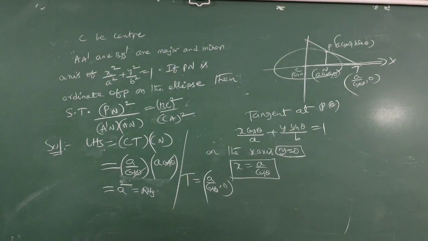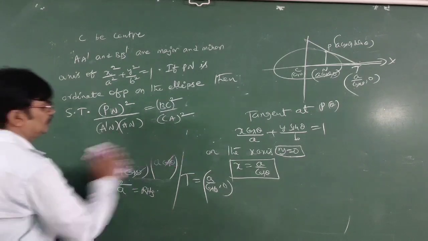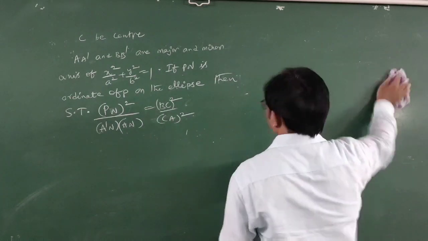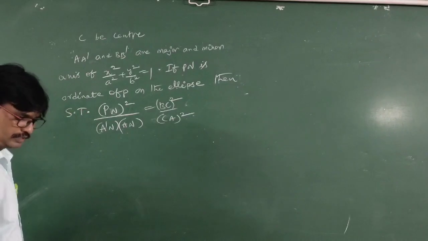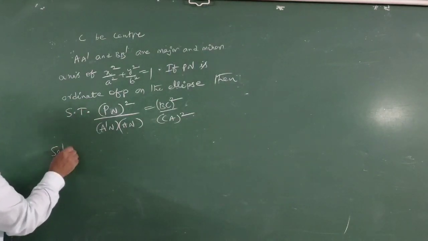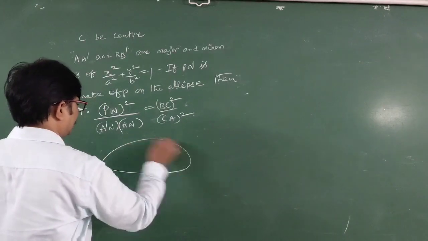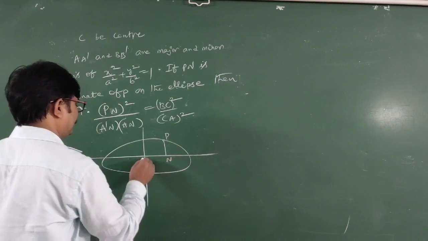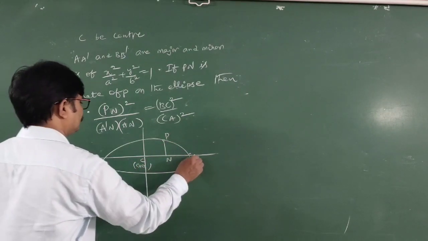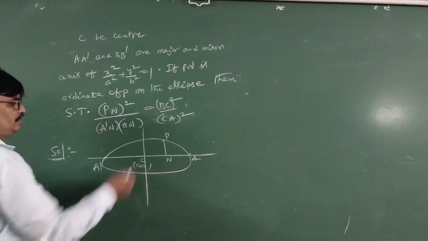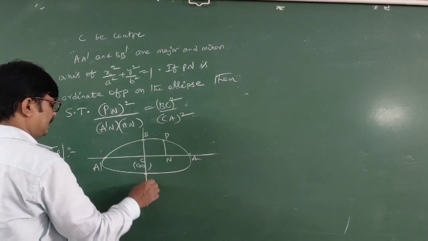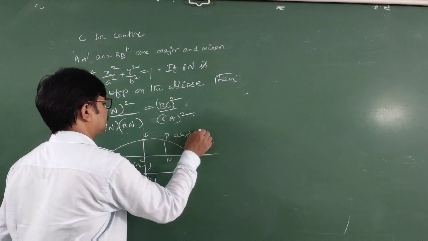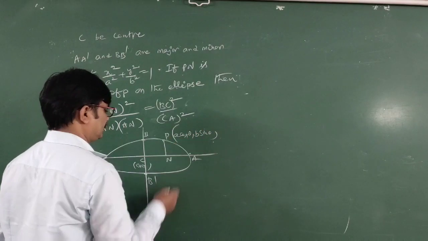What we observe here is that Pn is the ordinate. This is an ellipse, write down students. Pn is the ordinate, C is the center, A dash is the major axis, B dash is the minor axis. P is a cos theta, b sin theta.